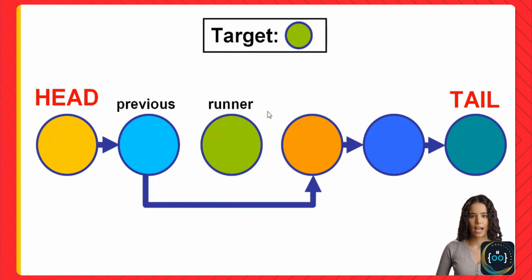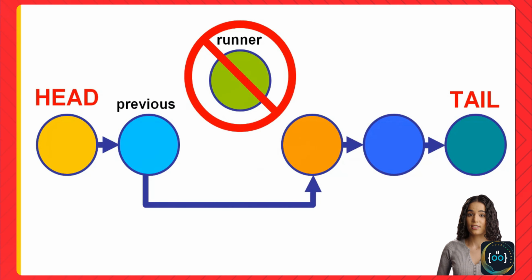So we are kind of isolating poor green node. So this list will no longer have access to the node, and it's like it doesn't even exist. So we deleted it successfully. Since linked lists work with pointers, if there isn't any pointer to that node, it's like it doesn't exist. And that is what we are obtaining by making this sort of bridge with the pointers.